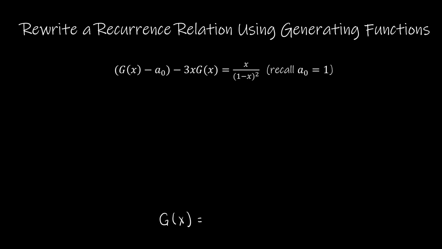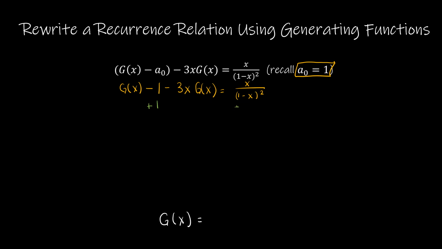So what I'm going to do is I'm going to rewrite this as g of x, and then a sub 0 I'm going to replace with 1. That was given to us at the beginning of this question. And then I have 3x times g of x. And then I have x over 1 minus x quantity squared. Now I want to add 1 to each side.